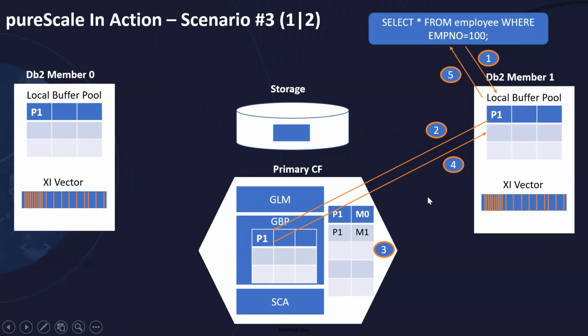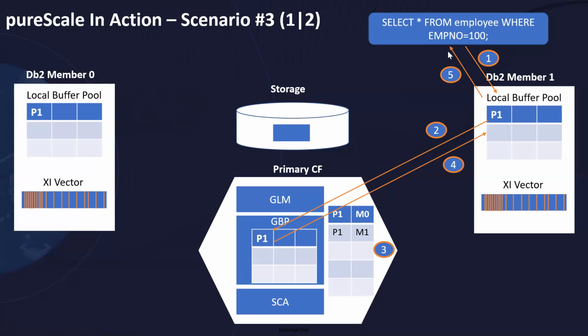Member one doesn't have to go to member zero to get the data. It got it directly from GBP, because GBP is holding the recent copy of the page. That's the reason this is multi-layer caching, where it doesn't have to go to the storage. It will directly go to GBP and get it. GBP sent the data back, and that will be sent back to the application.